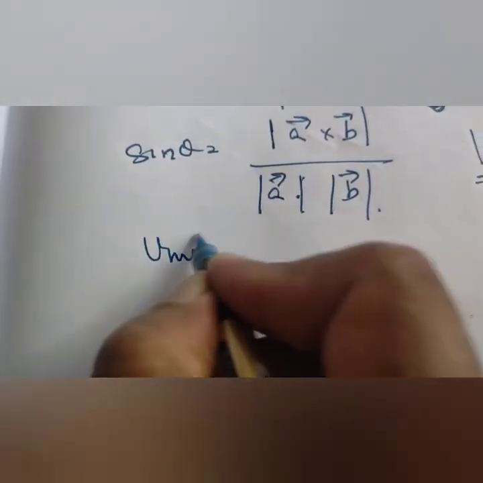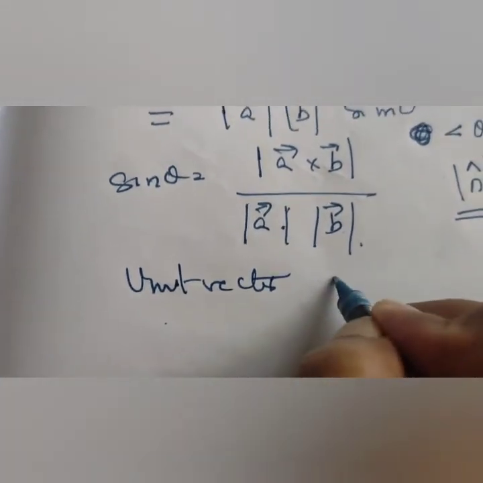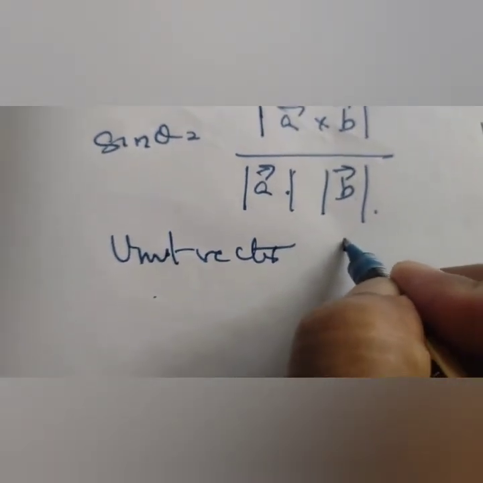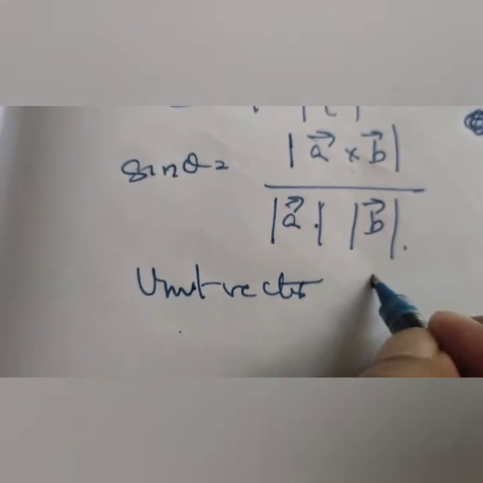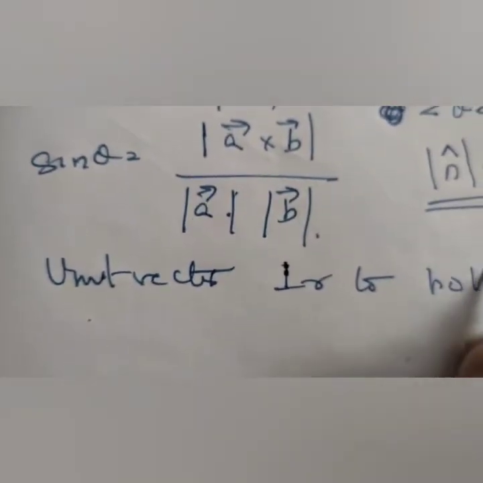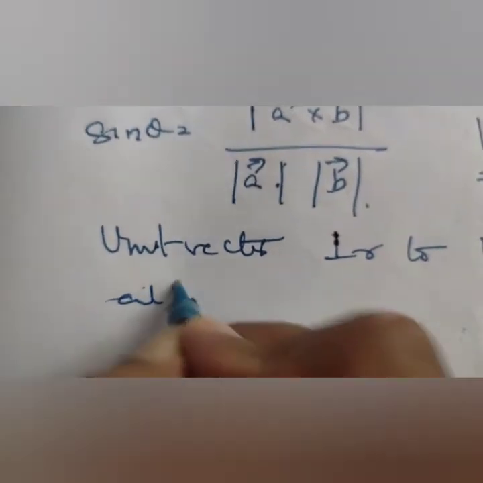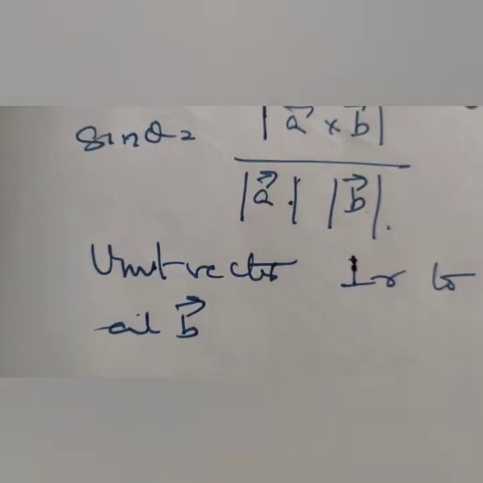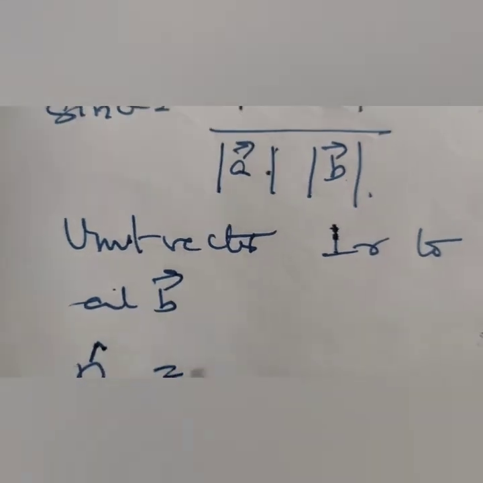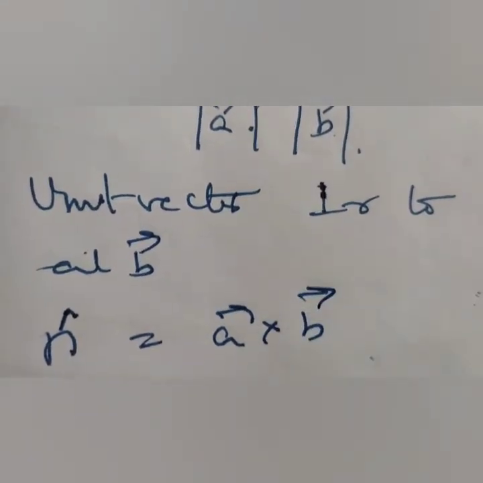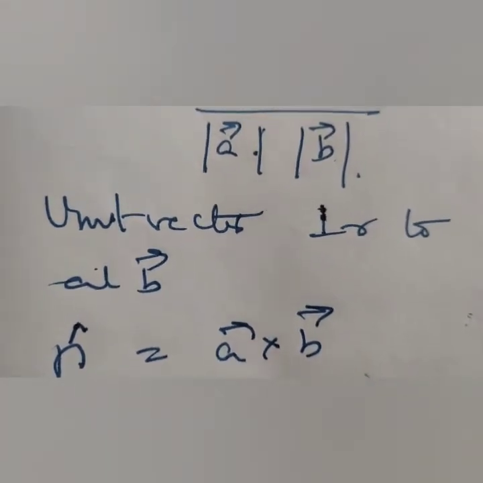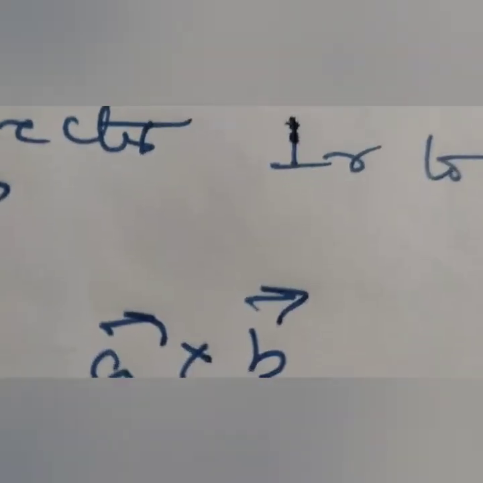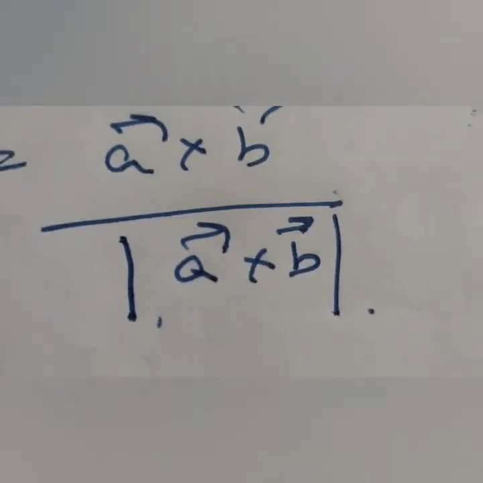The unit vector n, perpendicular to both A and B, is equal to A cross B divided by the modulus of A cross B.